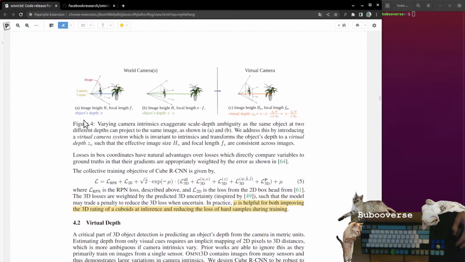What is this image saying here? Varying camera intrinsics, right? So things such as focal length exaggerate scale-depth ambiguity, right? So is it something that's big and far away, or is it something that's small and close? We should address this by introducing a virtual camera system, which is invariant to intrinsics and transforms the object's depth to a virtual depth, such that the effective image size and focal length are consistent.